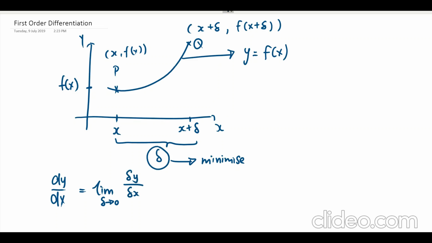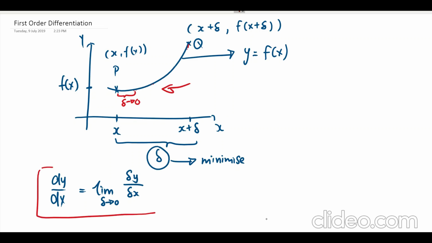As this point Q goes closer to P, you travel along the curve, such that we are making delta approach 0. Then we can find the derivative of the function. This is the basic definition.